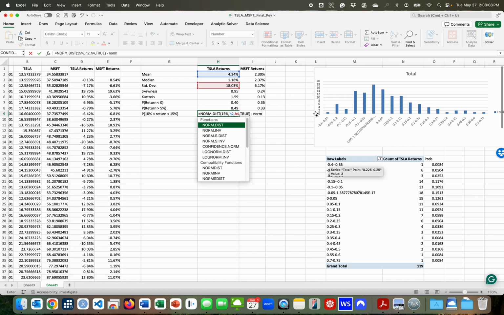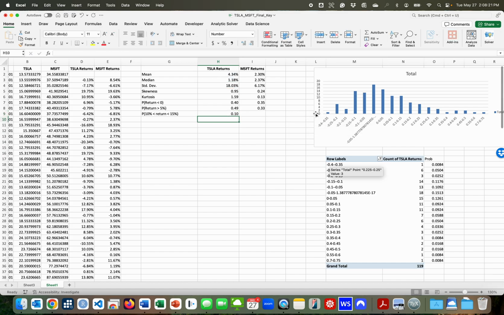So we're going to do another norm.dist on the 10% when the mean is H2 and the standard deviation is H4. And we would expect that to occur with about probability 0.1 for Tesla and about 0.09 for Microsoft.